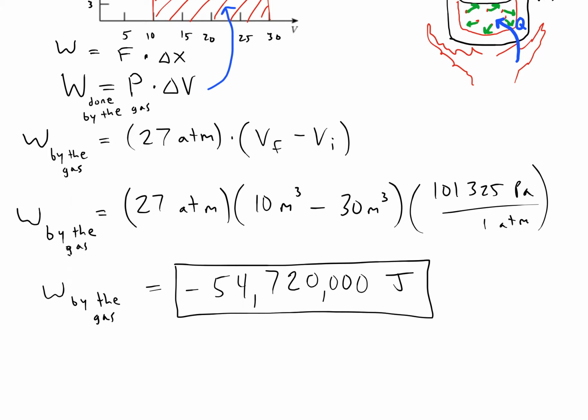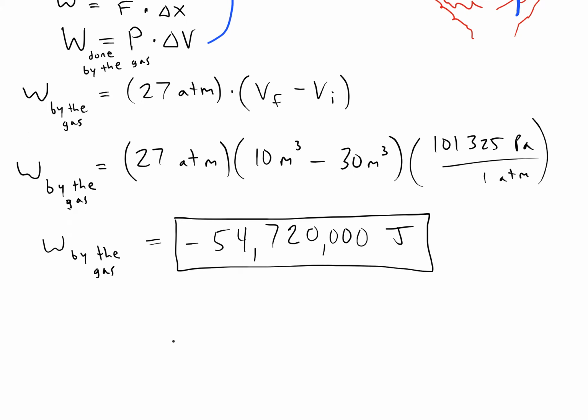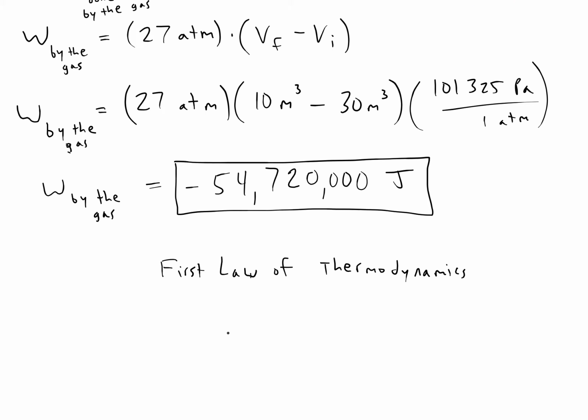So what is happening there? The answer would come from the first law of thermodynamics. And what the first law says is that the change in the internal energy of a gas can equal a sum of the heat flow into the gas plus the work done on the gas.